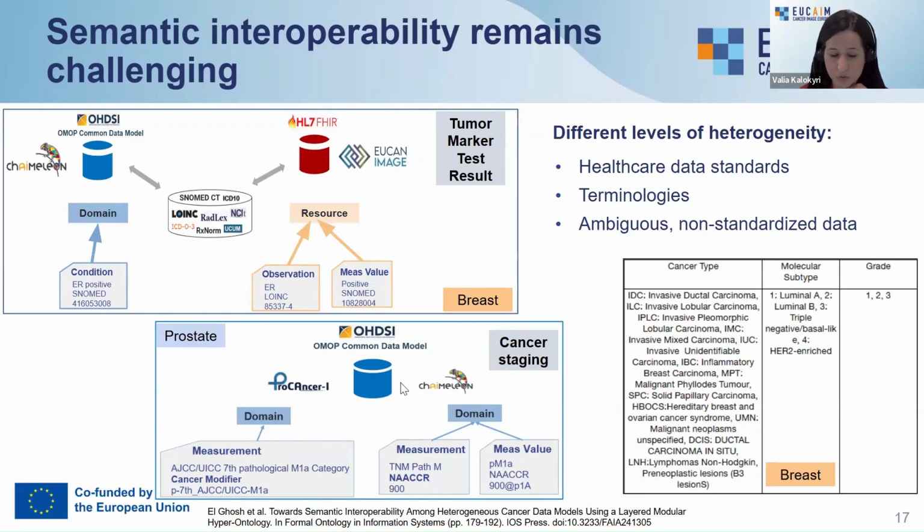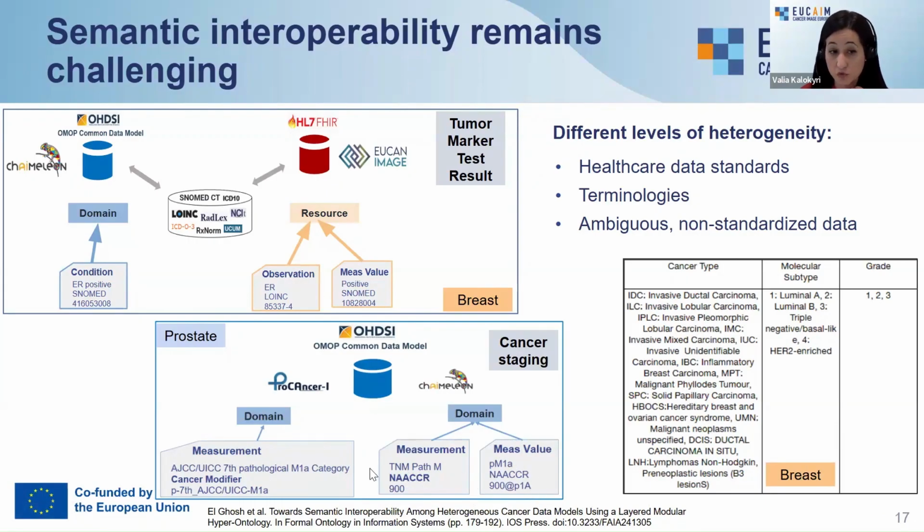OMOP common data model. For example, you see the cancer staging. In ProCancerEye, it was again represented as one single atomic concept by using the cancer modifier OMOP standardized vocabularies. So you can actually see the method, the version of the vocabulary, the fact that it's the pathological metastasis category, whereas in another OMOP database, this was again as an attribute value pair, as a measurement and a measurement value by using different kinds of vocabulary, the NAACCR, for both the measurement and the measurement value.